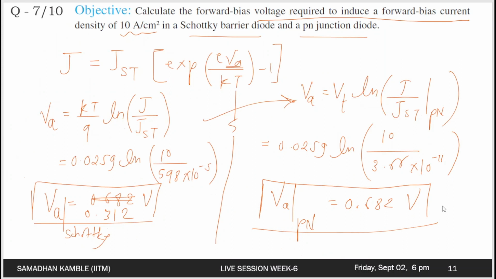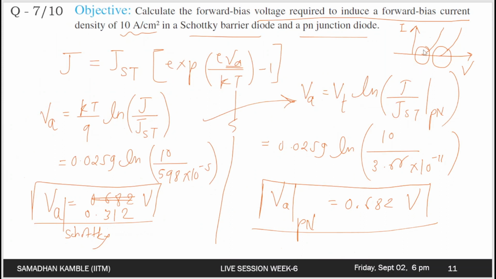Again, one thing that you can note here: a comparison of the two forward bias voltages shows that the Schottky barrier diode has a turn on voltage, in this case approximately 0.31 volt, smaller than the turn on voltage of the PN junction diode. We saw the graph of I versus V, so if the turn on voltages are drawn here, this will be the turn on voltage for the Schottky diode and this will be for the regular PN junction.